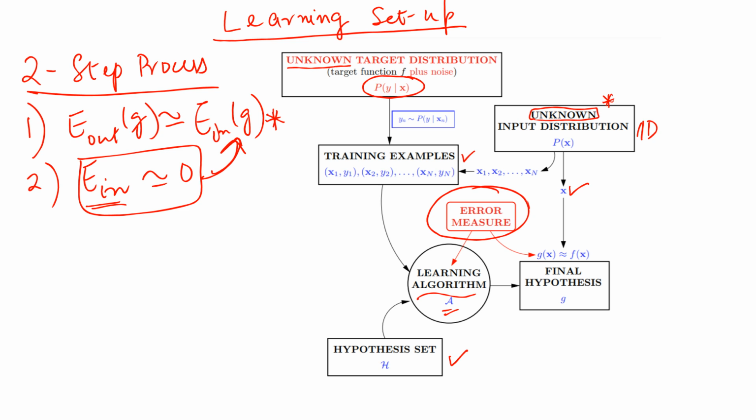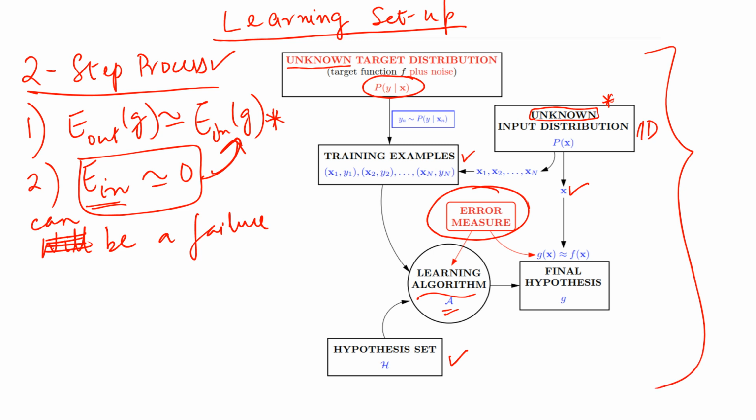And in addition to all of that, we also incorporate, and always remember, that there will be a chance of failure. There's always a possibility of failure. So together with the two-step process and also the assumption that there can be a failure, along with this entire process shown on the right hand side, this entire picture gives us the entire learning setup that we'll be using throughout going forward.